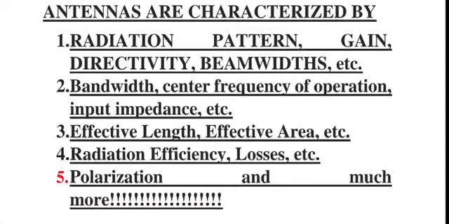That is a number we will define officially very soon. Directivity is also a related value that we will define very soon. Beam width is another parameter which relates to how narrow or how wide the transmitted beam is in the direction of maximum.